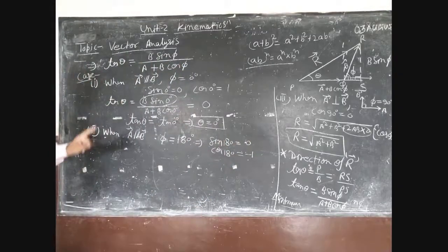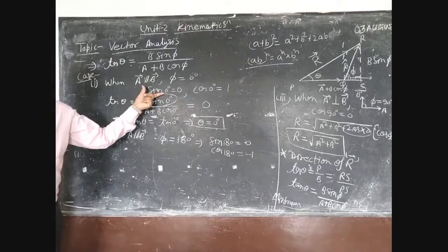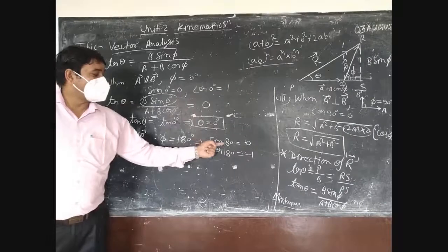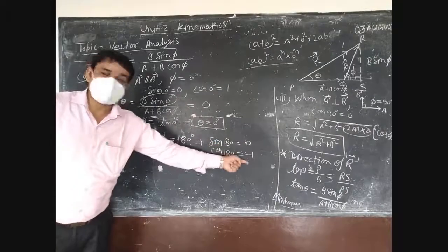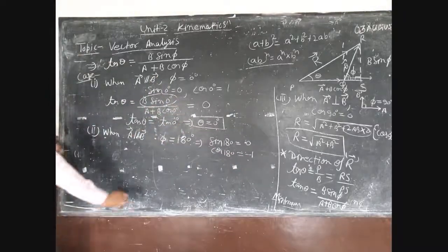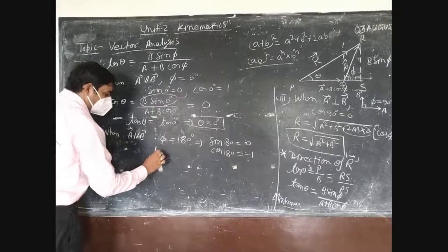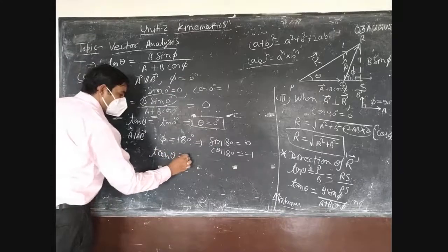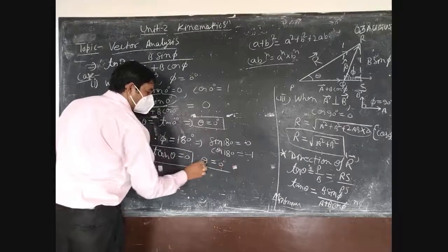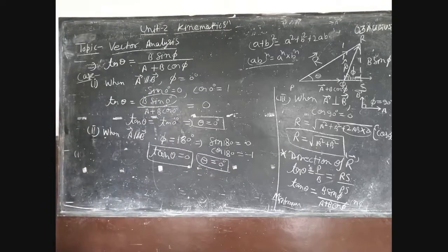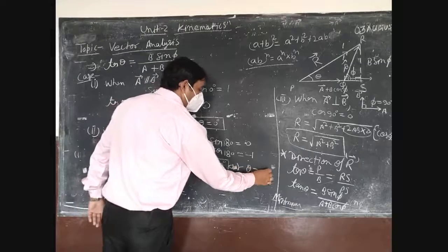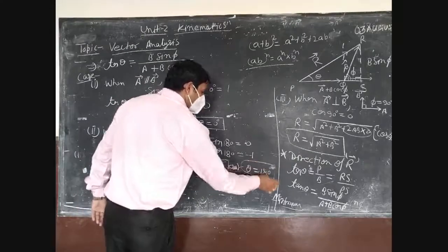Clear? In the first case, sin 0 is 0 and cos 0 is 1, and here sin 180 is 0 and cos 180 is -1. Again you will get the same result. So in this case, theta is equal to 0 degree, or you can say theta is equal to 180 degree as we used in our calculation.